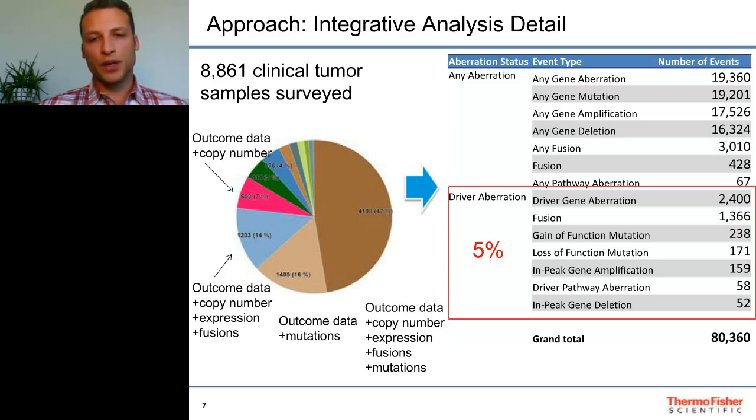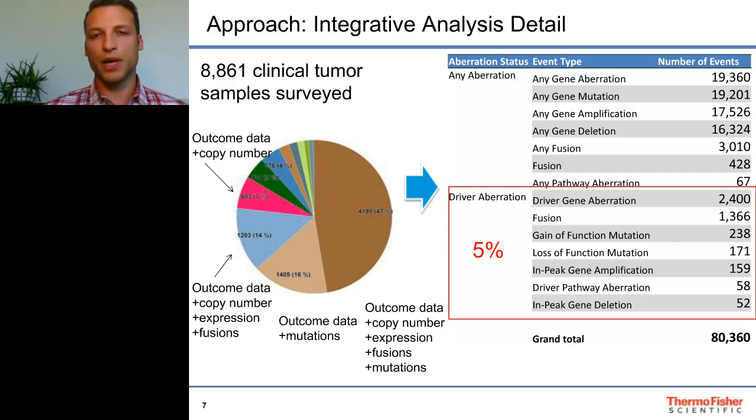What you see in the chart in the upper right corner is that if we were to define genomic events based on any mutation or any fusion or any copy number we observed, we would end up with as many events as there are genes.